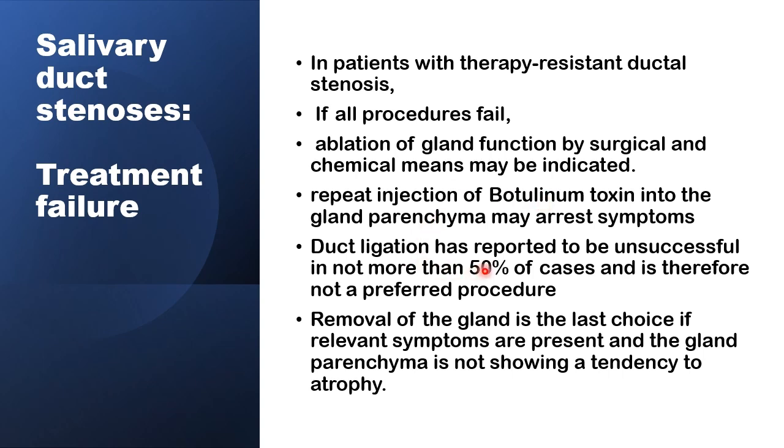Duct ligation used to be successful in about 50% of the cases only, and is therefore not a preferred option. Removal of the gland is the last choice if all relevant treatment options have been tried and the symptoms persist. Then the gland should be removed surgically.